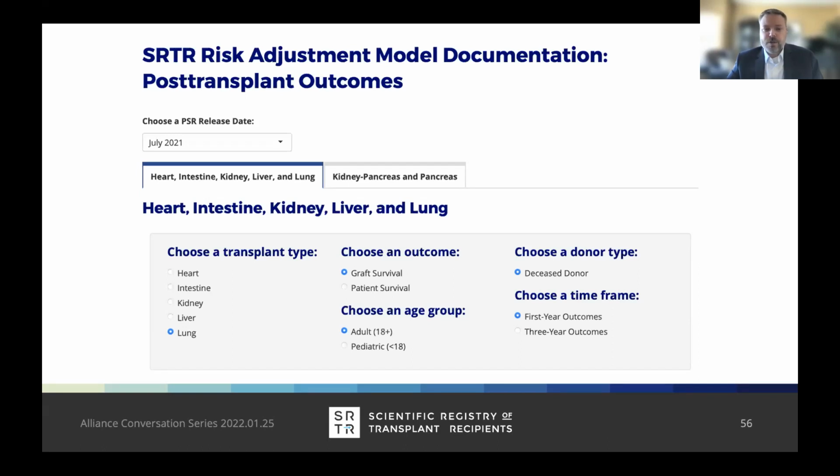If you look to the bottom right here on my tool, where we say choose a time frame to understand the models used by the MPSC, you'd be looking at the first year outcomes models there. You can choose adult or pediatric and be sure to choose the outcome graft survival. That is the outcome that the MPSC will be looking at. If I have lung highlighted here, if you were looking at kidney or liver, you would have the option to choose between deceased donor and living donor models as well.